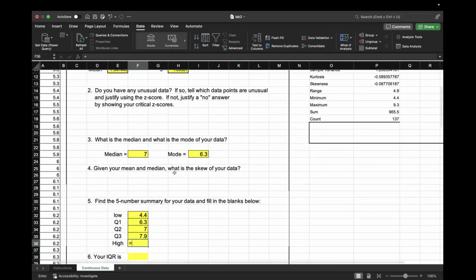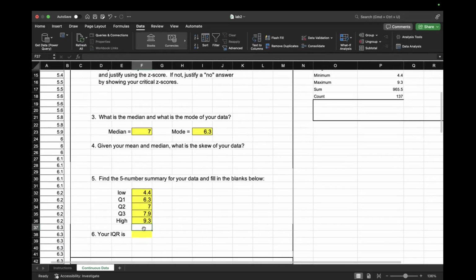High value is just my maximum, so equals my maximum, enter. So for IQR, we're going to be doing math. Take a look here, hit equals. I want to take Q3, so click on that, minus, put in the minus, Q1, and then hit enter and it'll do the math for you.